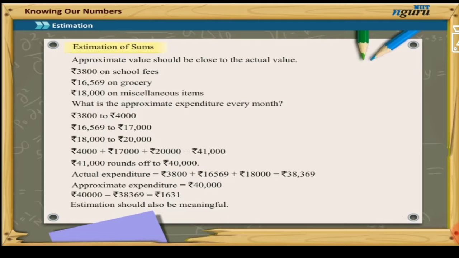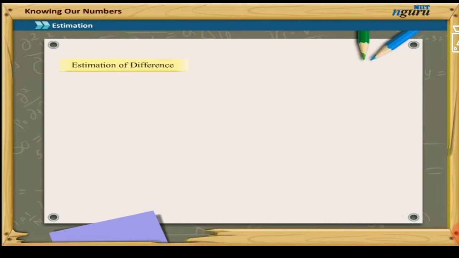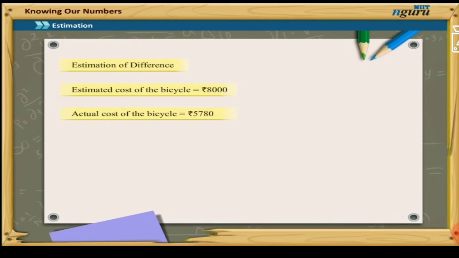Let's now find out the estimated difference between values. Sandra plans to gift a bicycle to her brother. She estimates that it will cost her 8,000 rupees approximately. However, she buys the bicycle for 5,780 rupees.